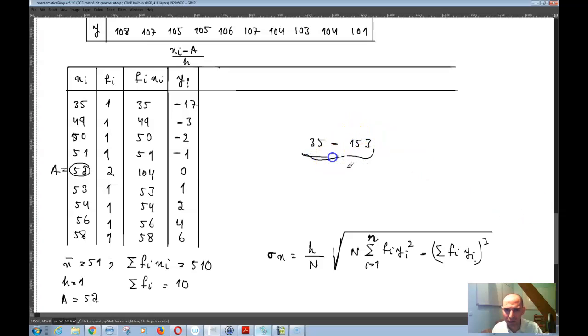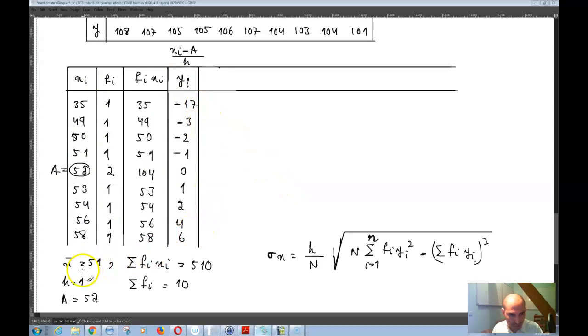This is a weird kind of calculation. You have to write it backwards, and it's not the best calculation that you would ever do. So these are your y of i's.